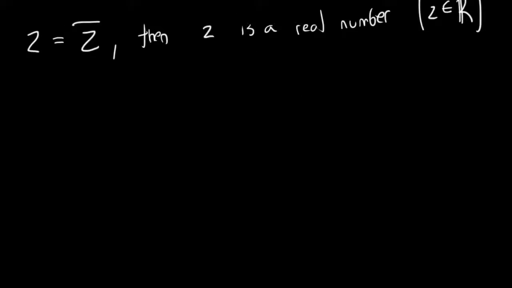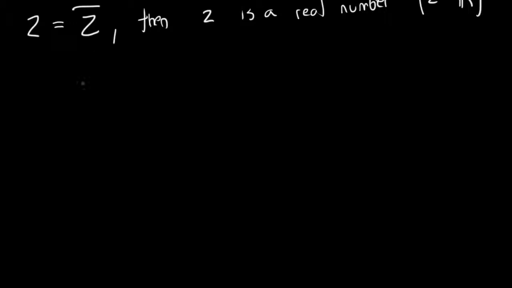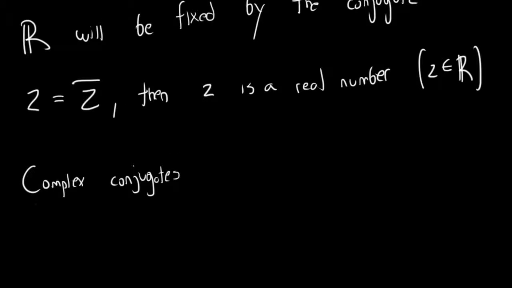One more thing to say about conjugates. Was it understood what I had said before? I just want to make sure. If it's found that z is equal to the conjugate of z, then that means z is not a complex number, because that means that your i is not having any effect there, and they're going to be the exact same thing.